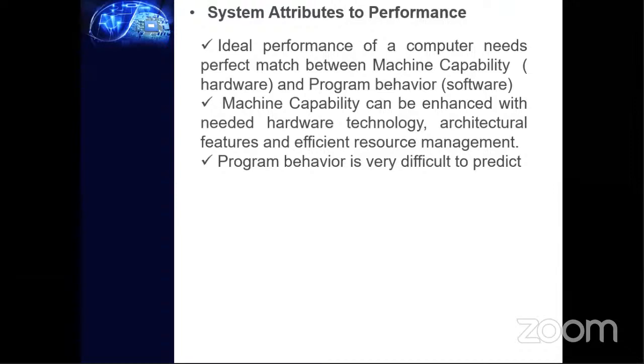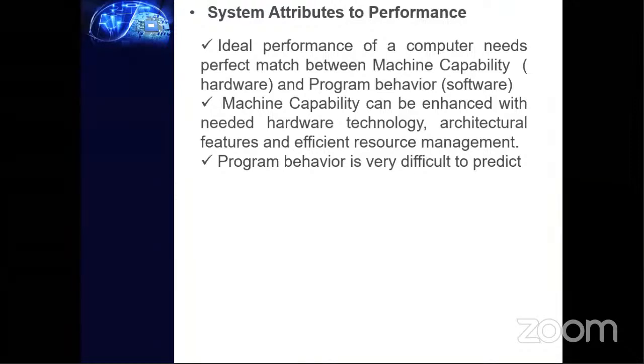Once again I'm coming to the same example. You compared the two parallel computers by considering the machine capability. Sir, this parallel computer has more hardware performance, the processors are the fastest, the architectural arrangements are like this. The first parallel computer has more memory than the second parallel computer. So the first parallel computer is doing the work faster.